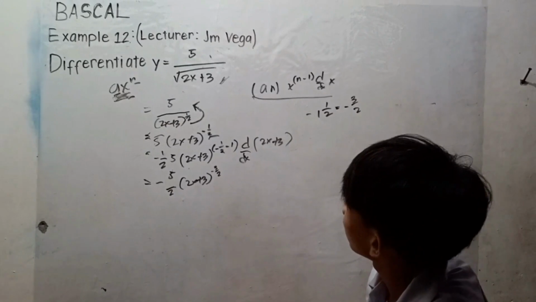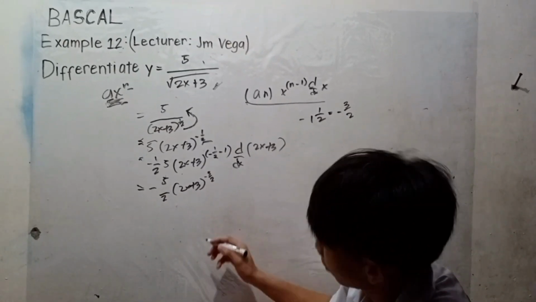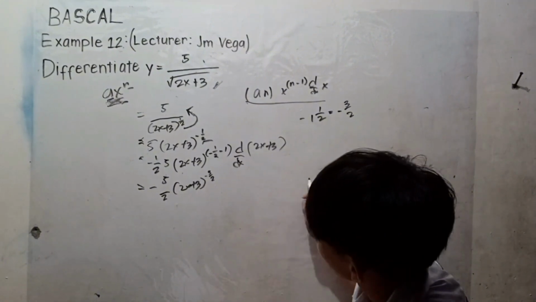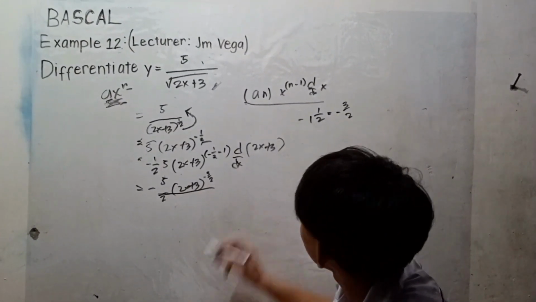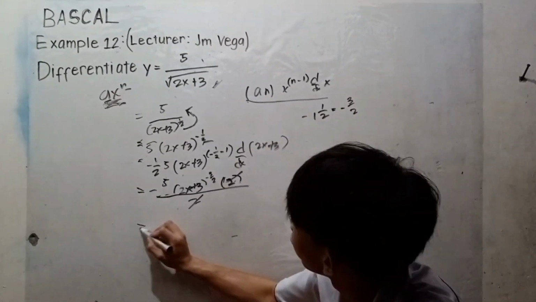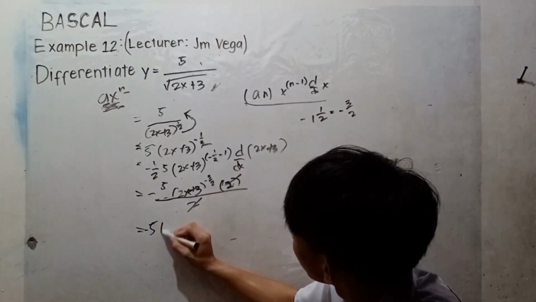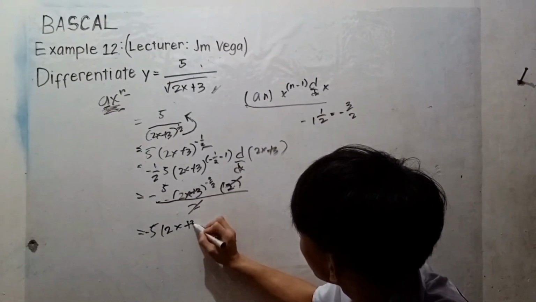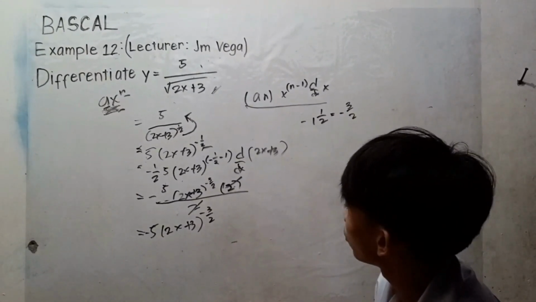In this case, the derivative of 2x plus 3 is 2. We write it again: negative 5 times (2x plus 3) raised to negative 3 over 2.